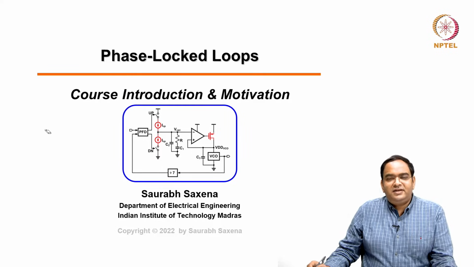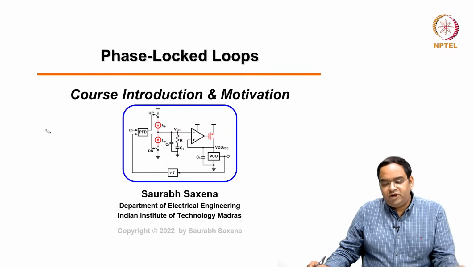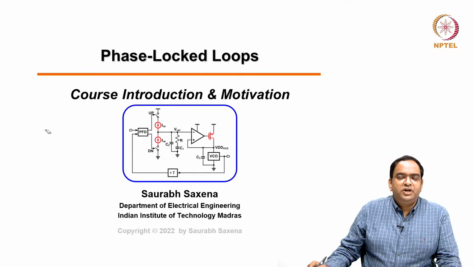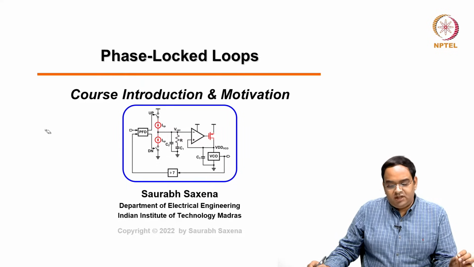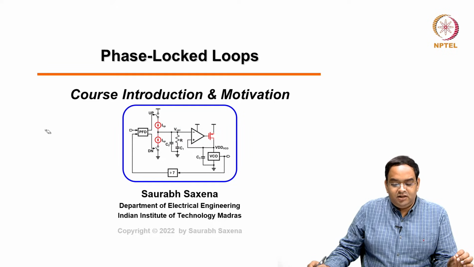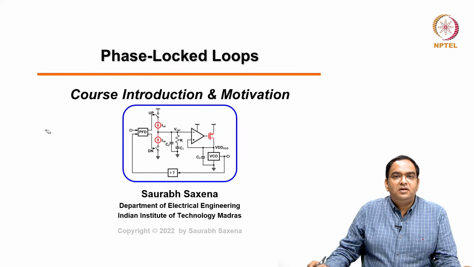And these days, as you go on, we will go through the motivation for this particular course. As you go on, there are numerous applications where you require a clock which is highly accurate, okay, and cheaply available at the consumer side. Otherwise, if the clock is not cheap, then you will not be able to use it.